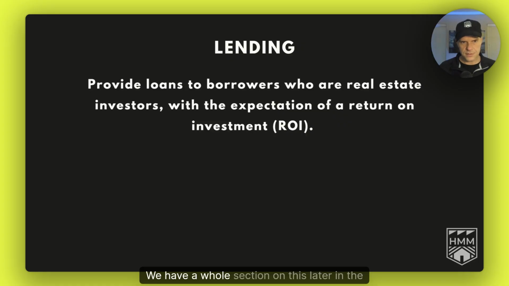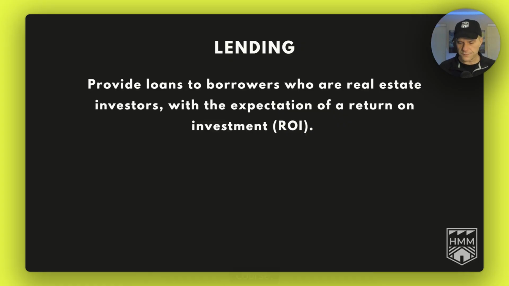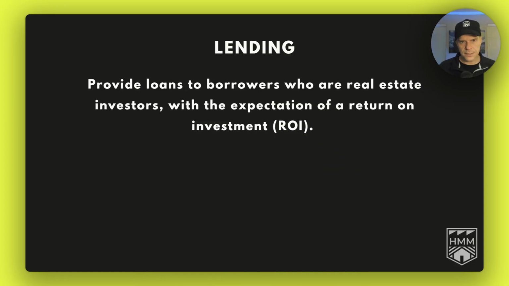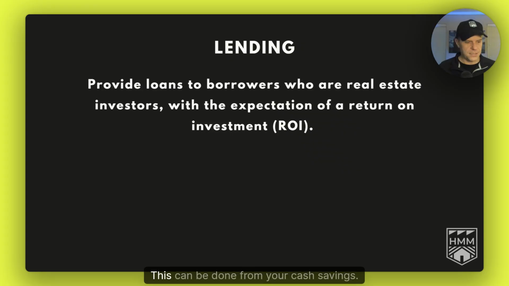We have a whole section on this later in the course, the difference between private lenders and hard money. This is very important. This is a hard money course, and so identifying what hard money lending is in contrast to private lending is important. But anyway, private lending is an informal way to make a return on your investment. This can be done from your cash savings. This also can be done from retirement accounts.